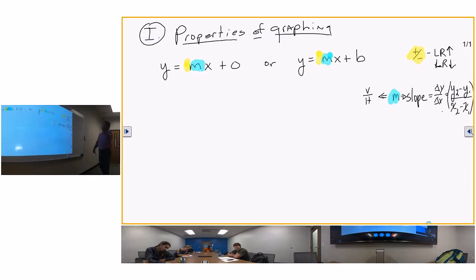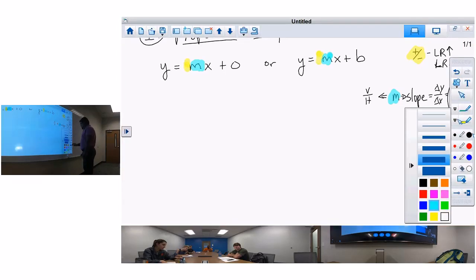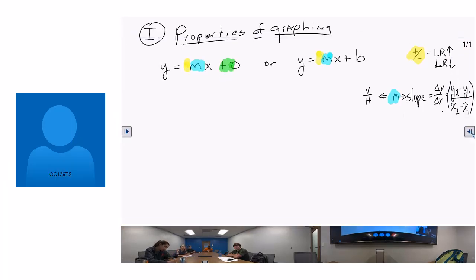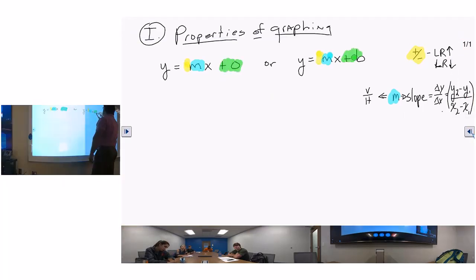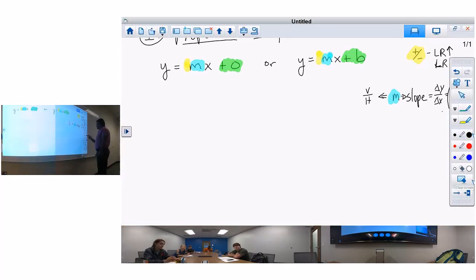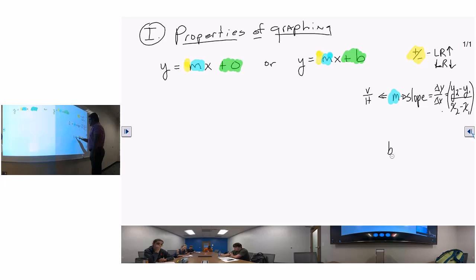Okay? And then you've got B. There's B, and there's B. B is your vertical shift or your y-intercept. Vertical shift, or some people call it the y-intercept.